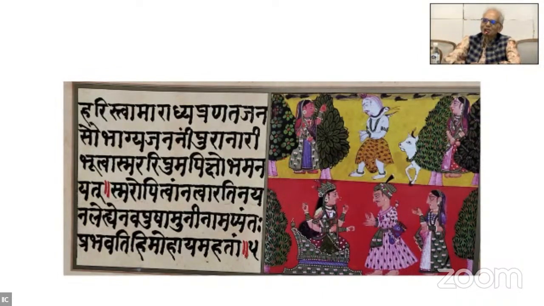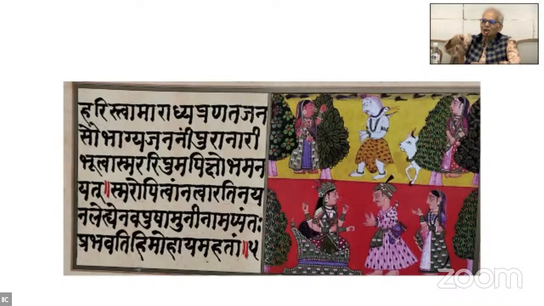and Rati accompanying Kamadeva. You see, the painter is from Gujarat or Rajasthan, and the way he is doing the headgear, like a pagdi on the head, and the attire of Kamadeva. So it is some Rajputs of Rajasthan or maybe Gujarat, and their attire is there.